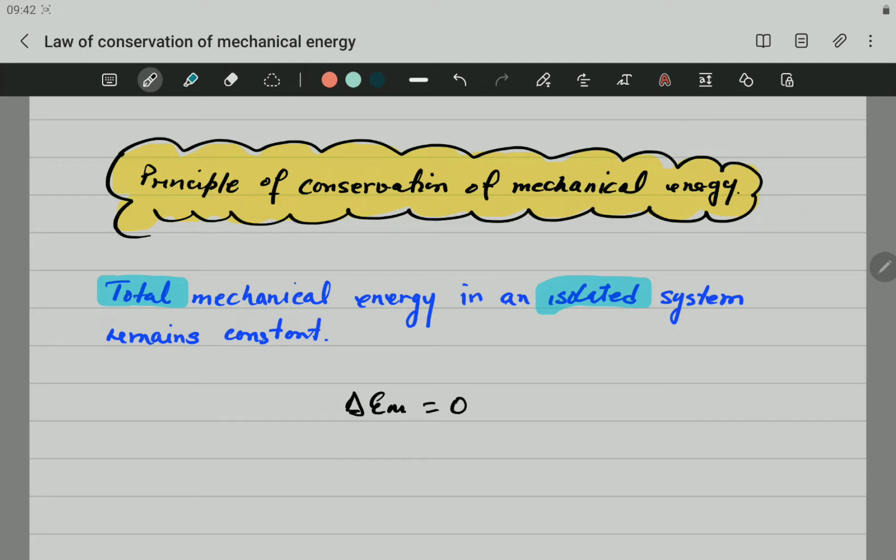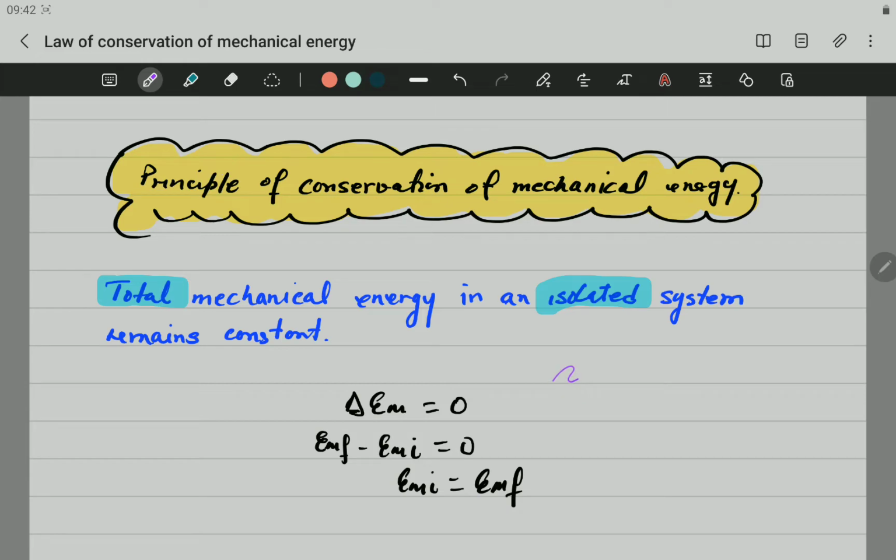Remember, change is final mechanical energy minus initial mechanical energy, and that is equal to 0. If you rearrange this, you have that the initial mechanical energy, sorry, it's not M, it is EM, is going to be equal to the final mechanical energy. That is, in other words, the law.